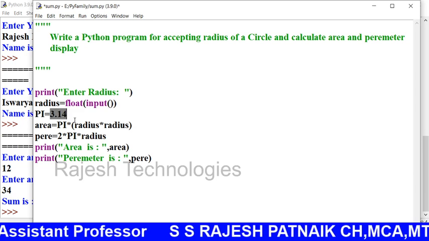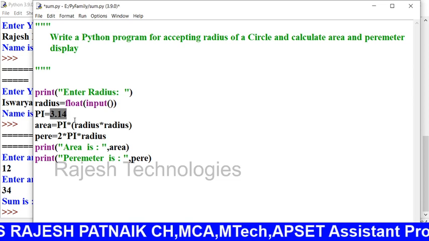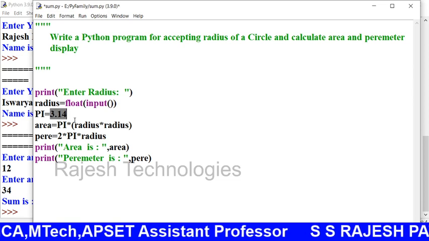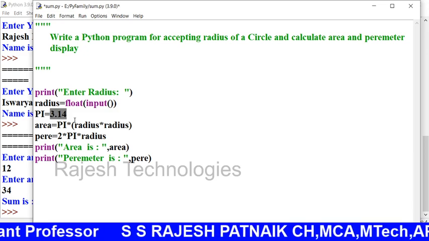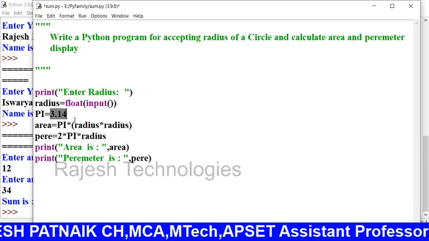What is pi value? Yes, universal value. How can you represent in mathematics? 3.14 is the normal precision value.